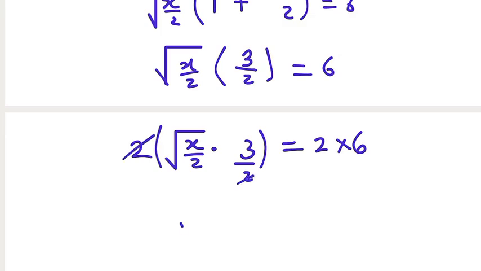We have the square root of x over 2 multiplied by 3 equals 12.